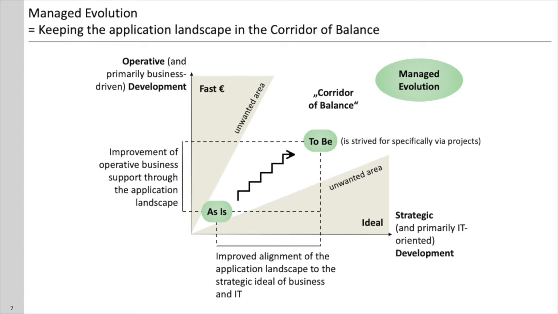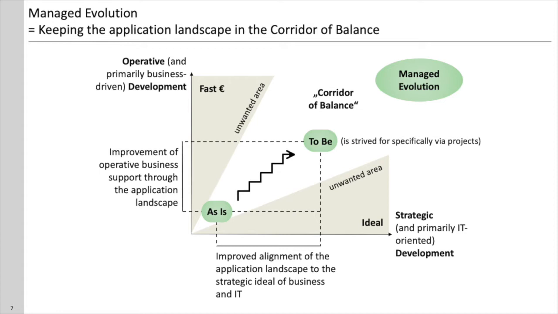In a way, this is like refactoring in the large, so to say. And this method allows us to stay in the so-called corridor of balance. So we do not move into the unwanted area by not only doing steps into that direction, but also doing steps towards the ideal.